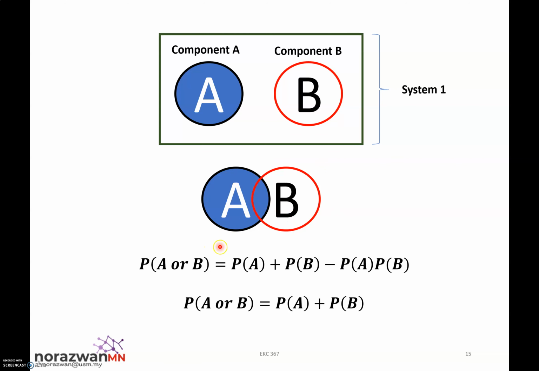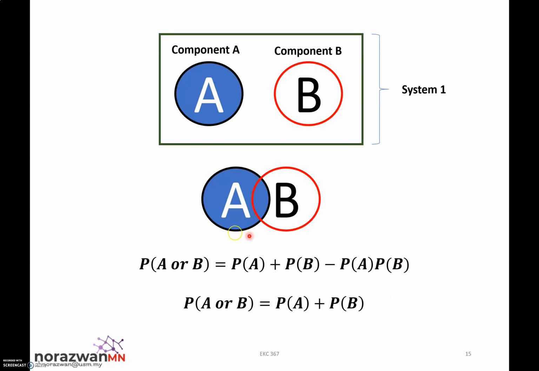Because this interaction is in series, the probability of the incident occurring could be either from A or B. So the probability of A or B to happen, or to be fault, is equal to probability of A plus probability of B, minus the probability of the overlap of A and B. This area would be covered twice if you don't include the minus PA PB.